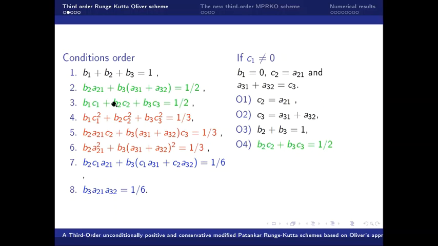Green equations are the same if and only if B1 is 0, C2 is A21, and A31 plus A32 is equal to C3.